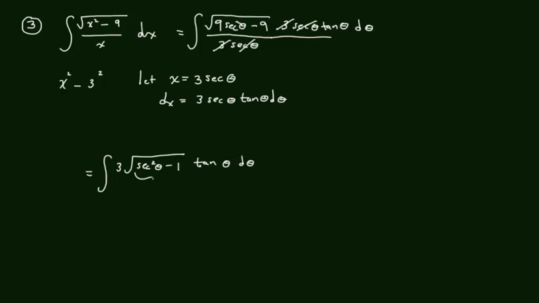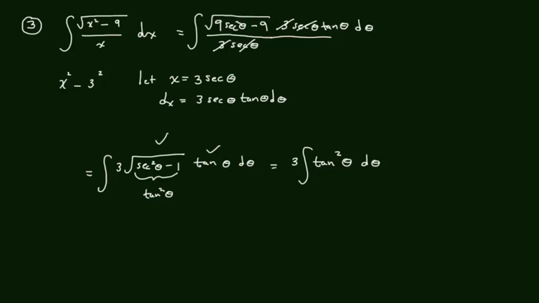Inside the radical, this becomes tangent squared theta. So I have radical tan squared, which is just tan, together with another tan, I get tangent squared theta d theta. Now, this is no walk in the park here. This is actually a bit tricky.